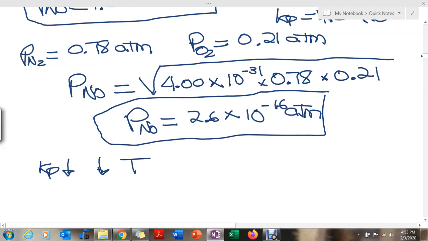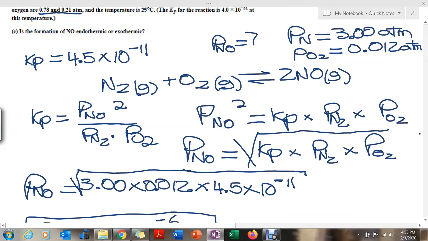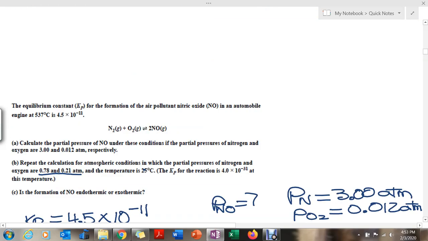So what is it, exo or endo? If it's exothermic, let's say you have the heat here on the product side, so if you decrease the heat, the reaction will go to the right. If this is endothermic, if you decrease the heat, the reaction would go to the left, because you're decreasing part of the reactant.